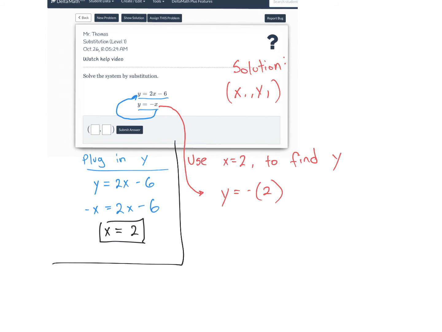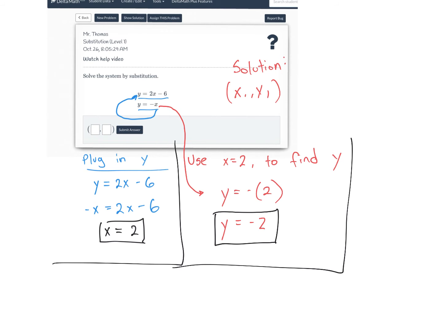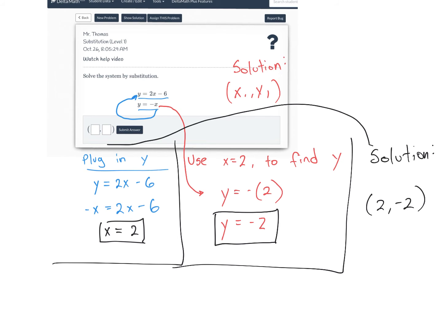So what's the value of y? Y is negative 2, yes? Yikes. All right, so the solution is what? The solution is the point 2 comma negative 2.